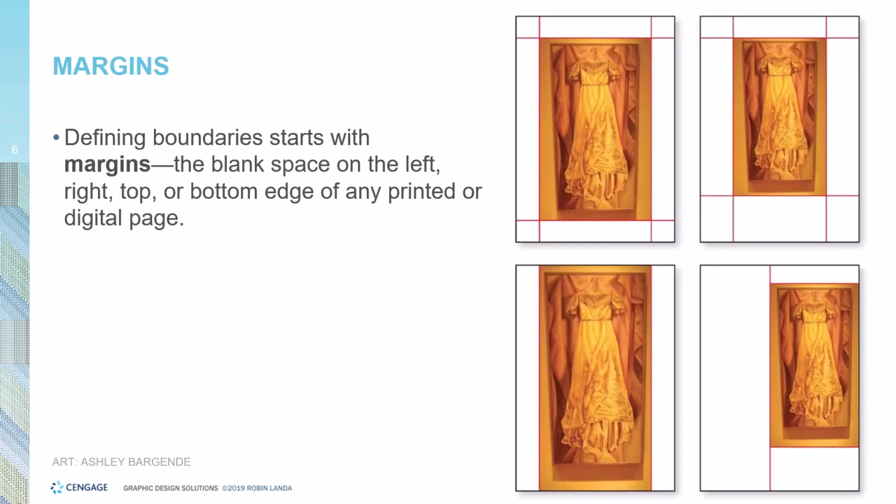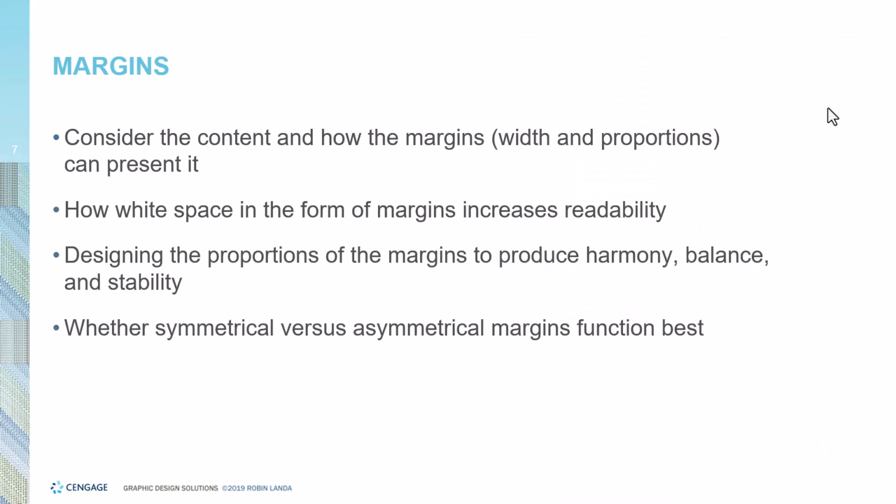Defining boundaries starts with margins, the blank space to the left, right, top, or bottom edge of any printed or digital page. Basically, margins function as frames around images and typographic content, concurrently defining active or live areas of the page or screen real estate, as well as its boundaries.